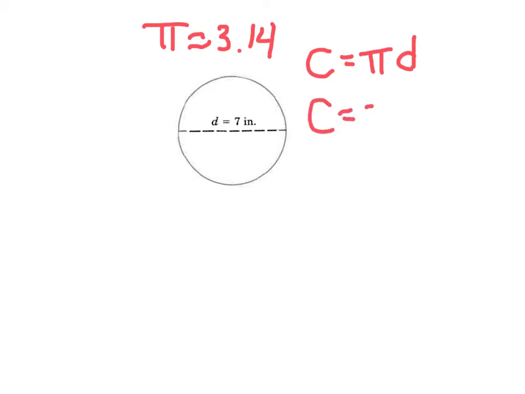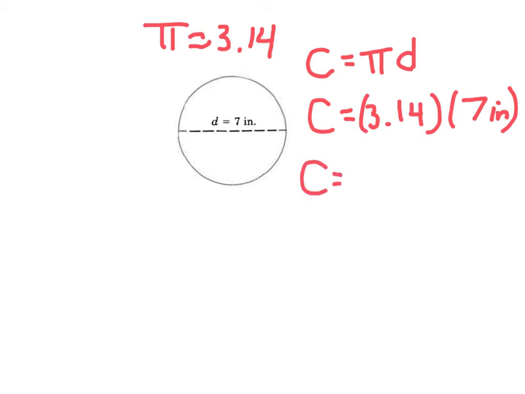C is equal to 3.14 times the diameter, which is 7 inches. So multiply 3.14 times 7, and we get C equals 21.98 inches.